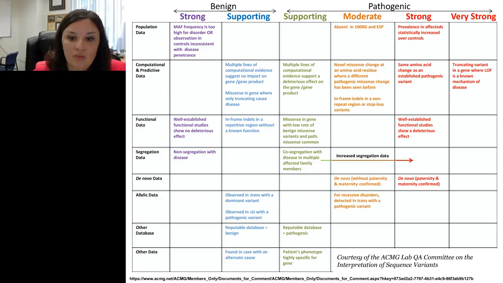But basically, this work group has done a really excellent job of coming up with what strength of evidence is required to call something pathogenic or benign, and if we should consider the evidence that we have in hand supporting evidence, so not really having a lot of pull on the final variant classification, anywhere from moderate evidence or very strong evidence.